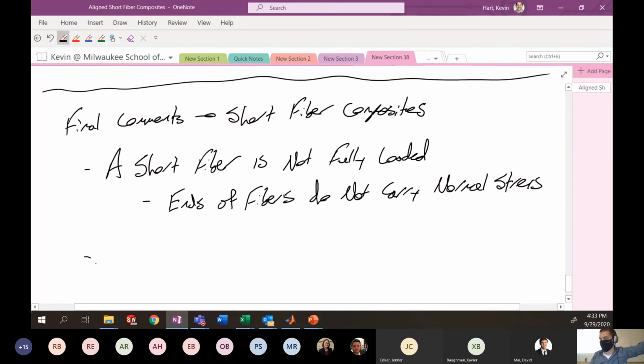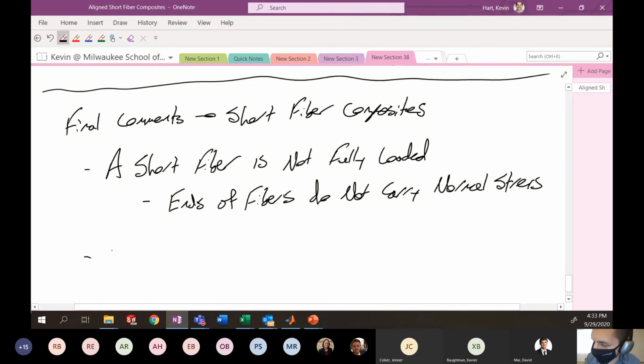Also, as your average fiber length gets shorter and shorter, your reinforcing efficiency is decreasing. That's because the shorter the fiber is, the less that fiber is capable of fully demonstrating its load carrying capability. Okay?